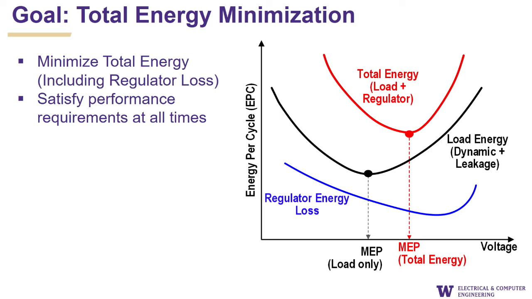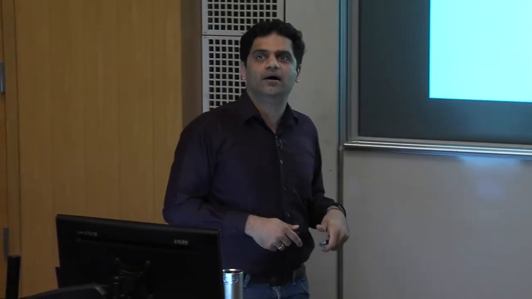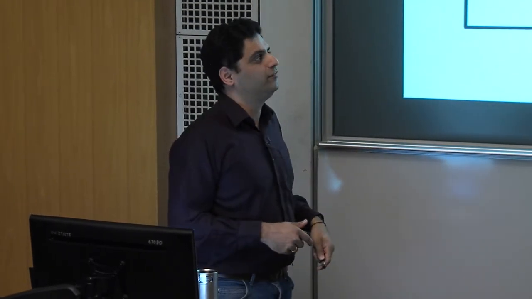You will very rarely have a circuit that runs on a battery that doesn't have a regulator. That regulator has losses, and by the time you account for everything, you end up with a minimum energy point that's quite different. And we are interested in tracking total minimum energy. And not only do that, can we do that computationally without relying on detailed circuits that we have to craft carefully, right? And that's sort of the objective of this work.